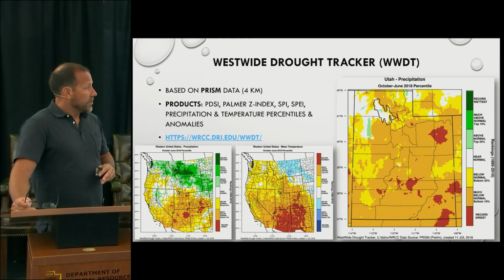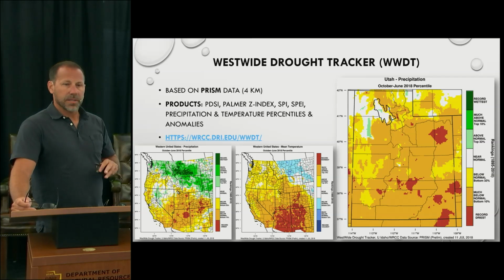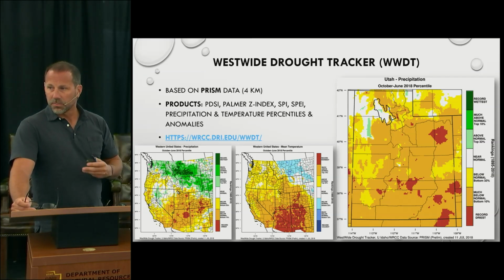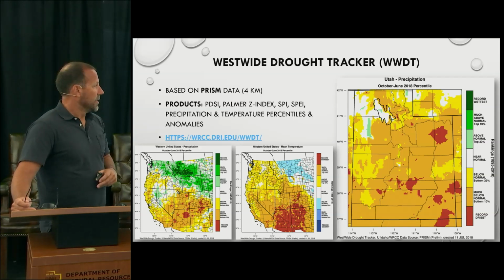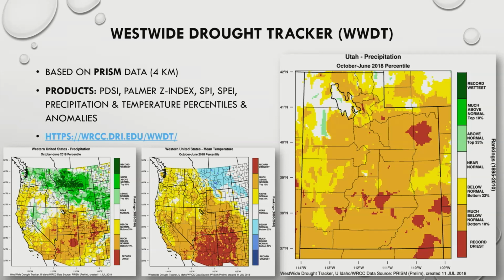And it does a really good job at handling complex terrain in terms of the interpolation scheme. It has a very complex interpolation scheme that does a really good job for the mountain areas in the western U.S. So this is our really good data product for the western U.S. And some of the things that we produce with it are PDSI, Palmer, SPI, SPEI, and temperature and precip anomaly maps.